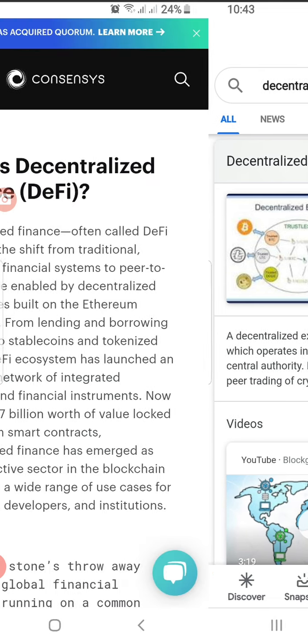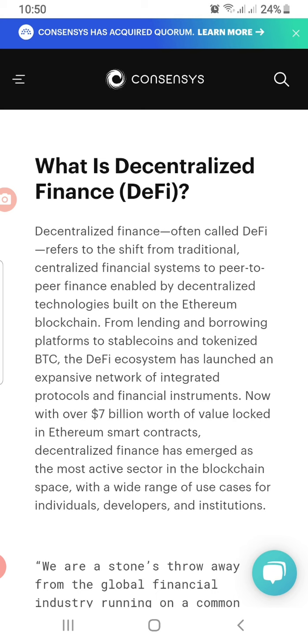All right. So what is decentralized finance? Before I read what I have here, exchanges like Binance, Coinbase, HitBTC, KuCoin, all these top exchanges, what they have in common is that they are centralized, and they have a lot of investors investing heavily in them.